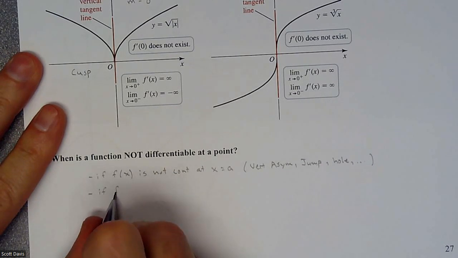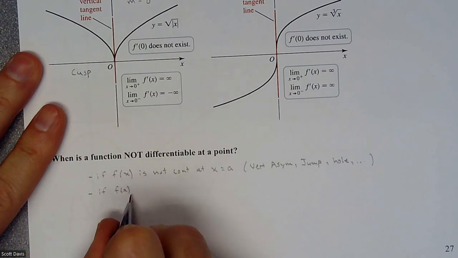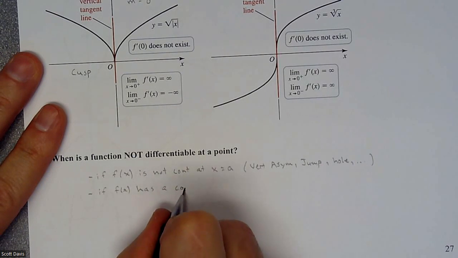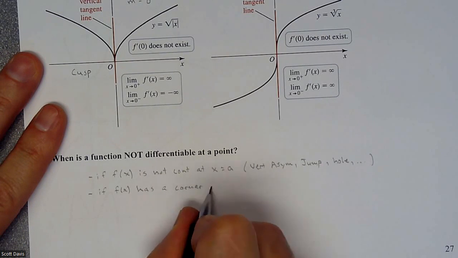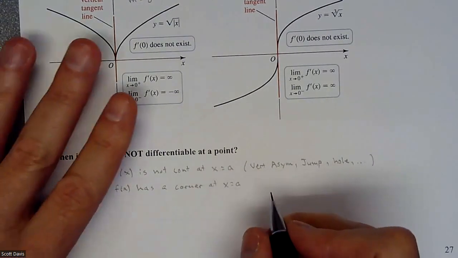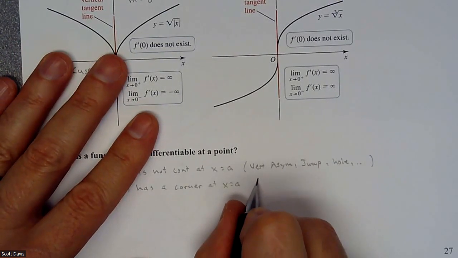If f of x has a corner at x equals a, a piecewise function could happen on that.